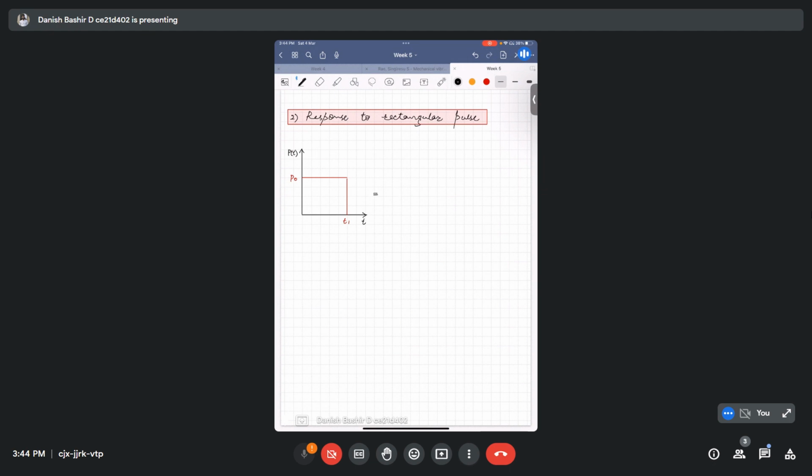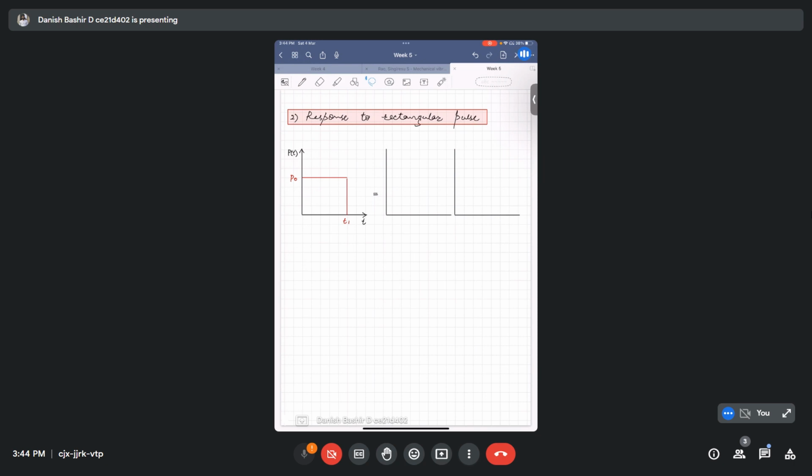Very smartly we can do that. We can have it like this. First I will take these two. We can write this as this one plus this one. For example, it was acting for time t1.